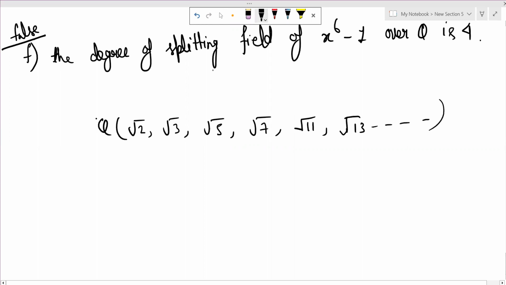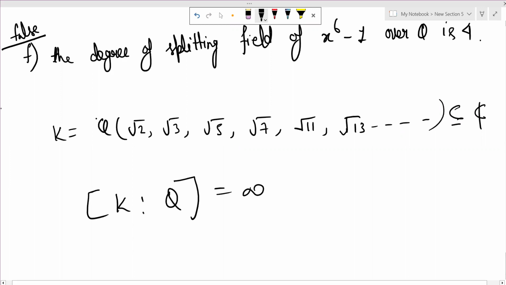Tell me the degree of extension of this field. And this field sits inside C. Let me name this field K. What is the degree of extension K over Q? Infinite. So if this degree of field extension is infinite, then C over Q will obviously be infinite, right? It sits inside C basically. Agreed or not? Okay, I agree.